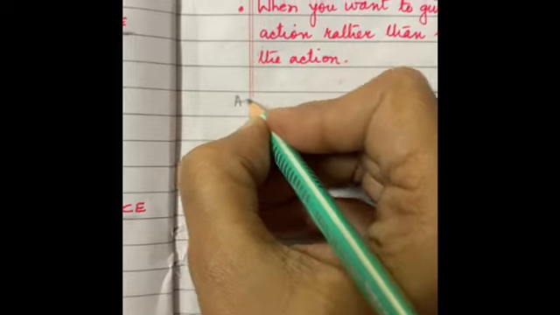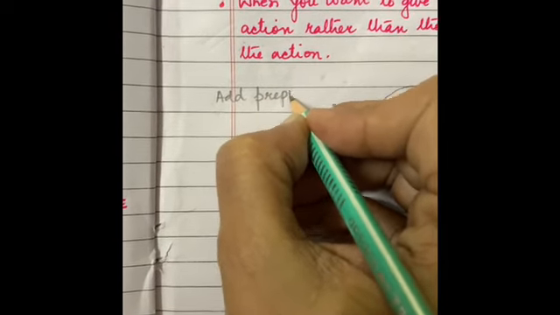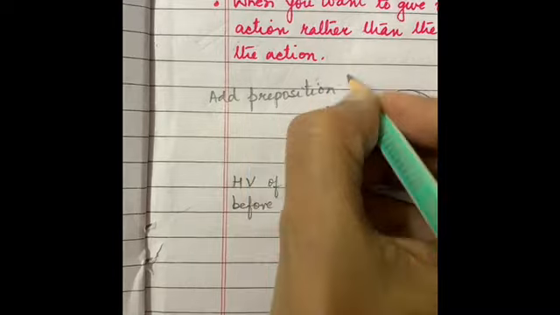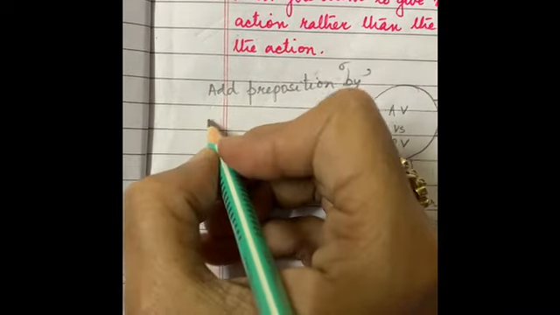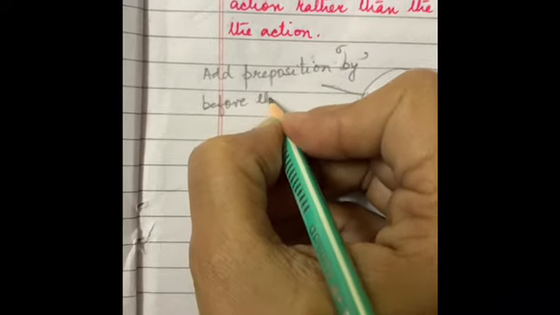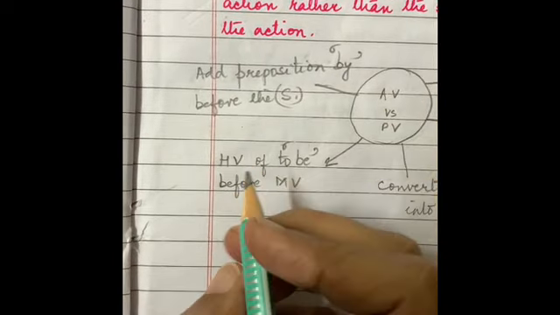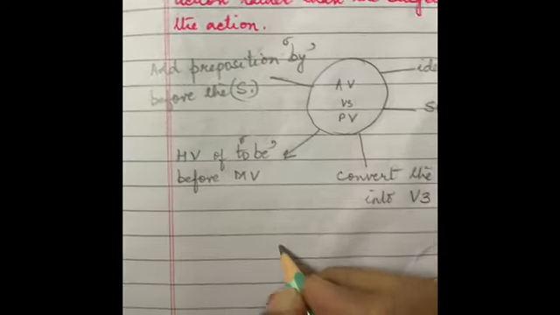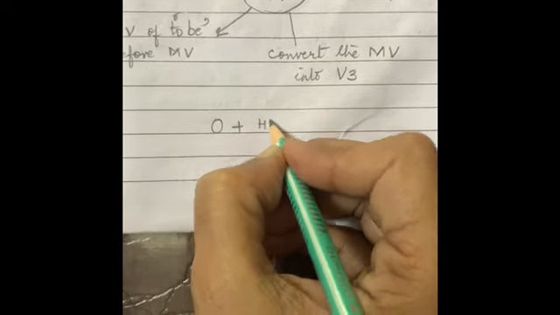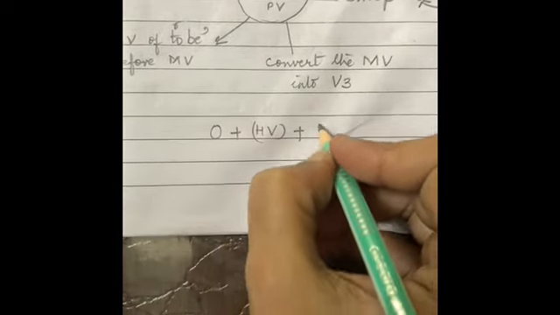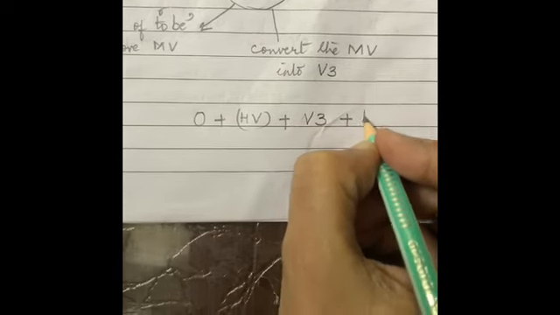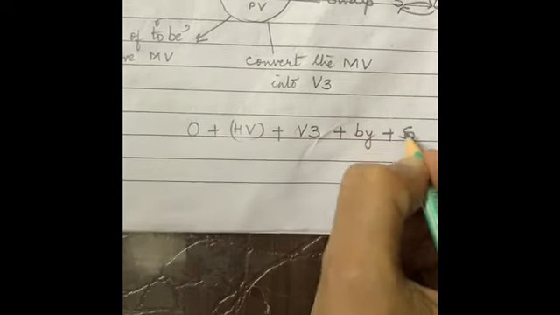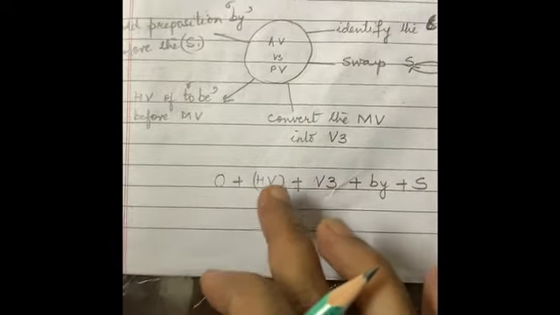And the fifth step is to add the preposition by before the subject. So in the end, the sentence structure of passive voice is object plus helping verb plus verb 3 plus by plus subject. These are the simple 5 steps which we need to follow.